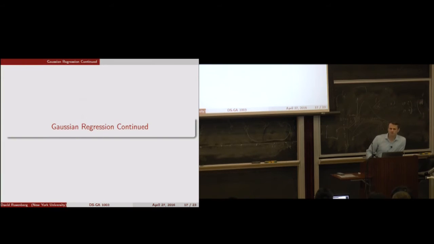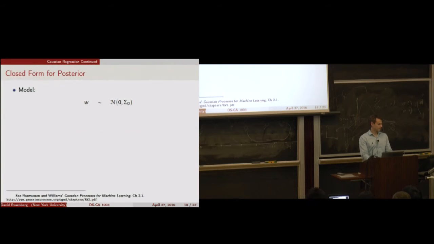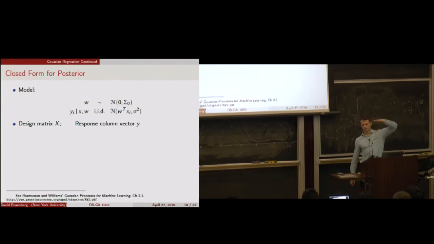All right, let's drill in a little more to Gaussian regression in general and see what these posteriors actually look like. In this setting we can get a closed form for the posterior, which is very nice. If we have a Gaussian prior and Gaussian likelihood, let's write X as our design matrix. Remember, a design matrix has the observation feature vectors in rows, X1 through Xn: n rows, d columns, with d features.